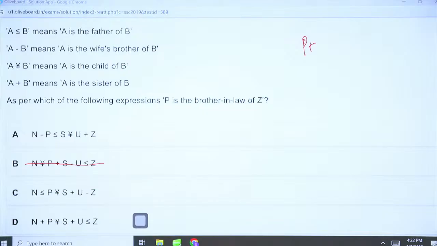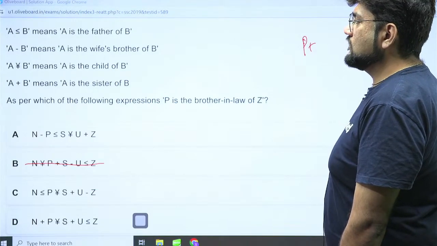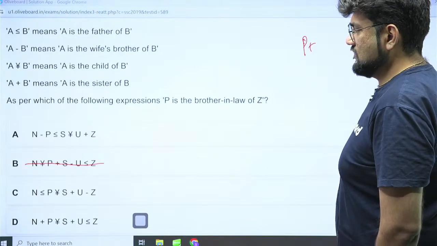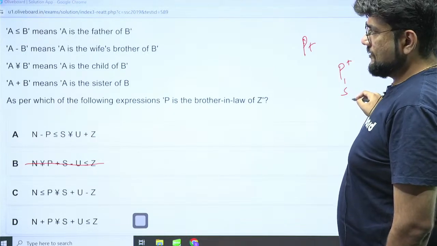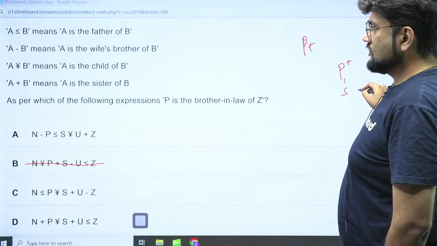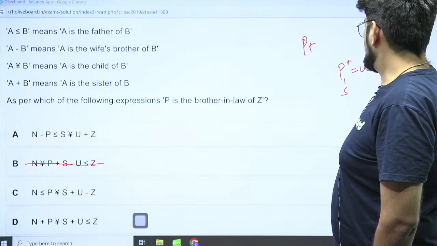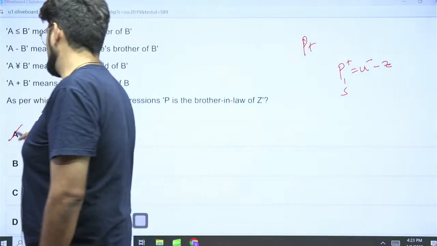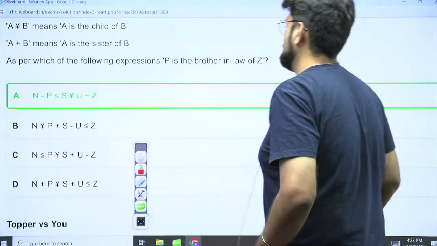So P less than equal to S means P is the father of S. S is the child of U. And U is the sister of Z. P is the father of S. S is the child of U. And U is the sister of Z. P is the brother-in-law of Z. Yes, it's here only. Option A only I can see it in. Okay. Next.